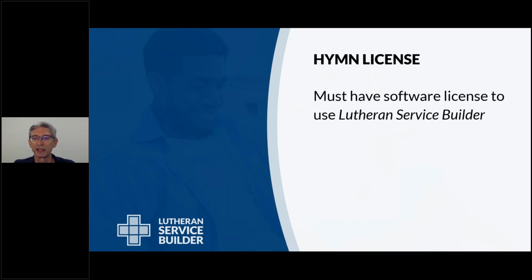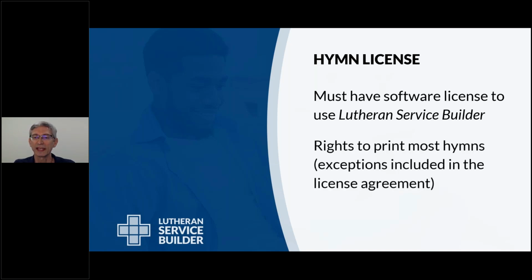From there, we've got the hymn license. Now, the hymn license, you must have the software license to be able to use Lutheran Service Builder first. And then when you add the hymn license, that gives you the rights to print most of the hymns, with a few exceptions that are included in the license agreement. When you sign that, there's, I think, a total of maybe 9 hymns that there are some exceptions from being able to use them either in bulletin form or in presentation form.